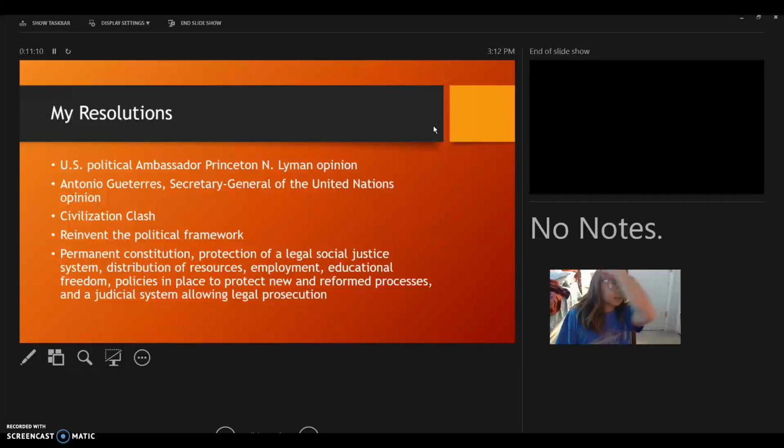Okay, and with that said, I mentioned the Constitution earlier in our slideshow, but we need to have a permanent Constitution. We need to have protection of a legal social justice system among the women, given the discrimination that's happening. So you can see a lot of it is really similar to what the United States went through in their own Civil War.